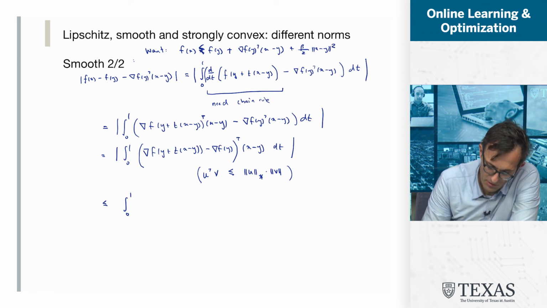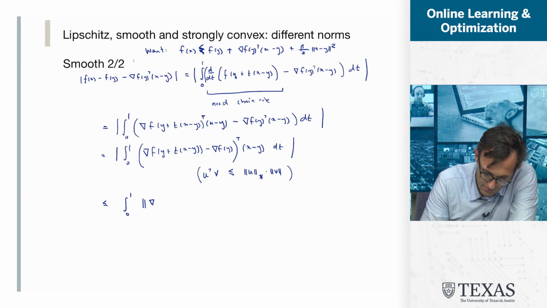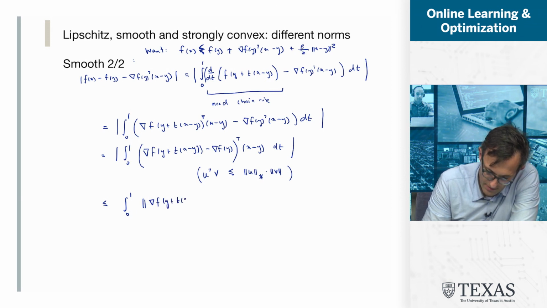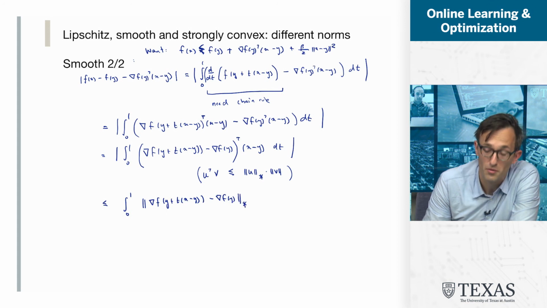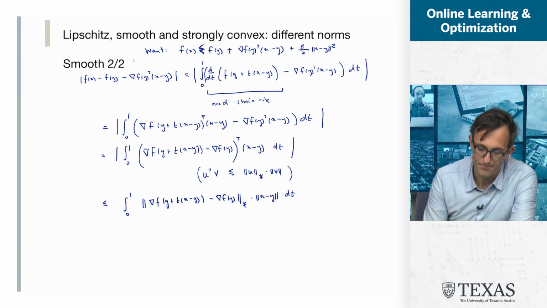So this is less than or equal to the integral from 0 to 1 of the 2 norm of the gradient of f of y plus t times x minus y, minus the gradient of f of y. This is the dual norm, times the norm of x minus y dt.